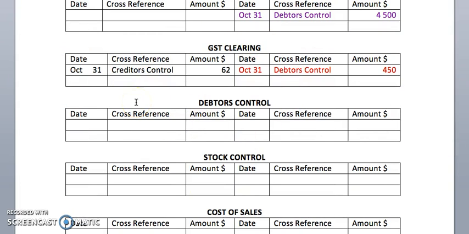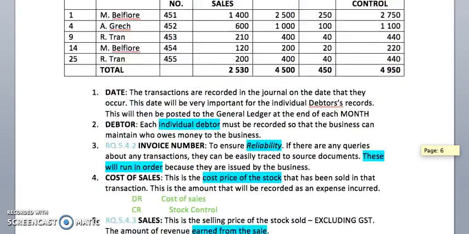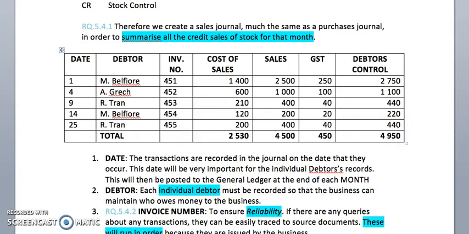Then we've got this side. We need our debit side. So October the 31st, we've got our sales revenue and our GST clearing. The total amount together, or if we want to look up here, 4,950.